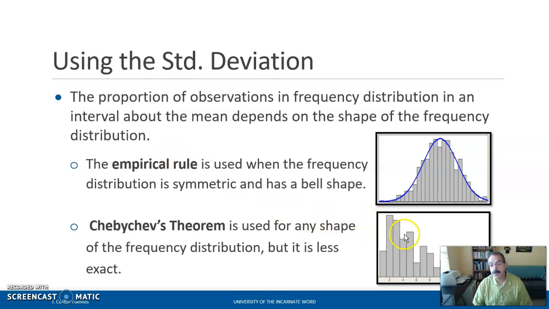If the distribution is not symmetric, and of course it will not be bell-shaped, then we will be using Chebyshev's theorem to find the proportion of data within a given number of standard deviations about the mean. So let's talk about Chebyshev's theorem first.